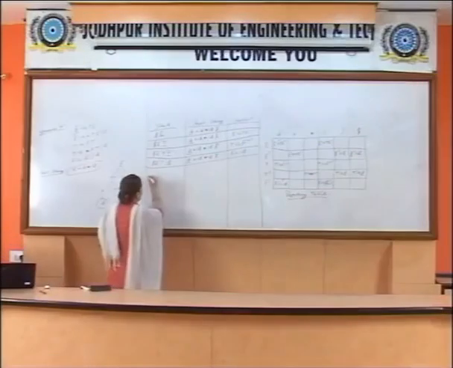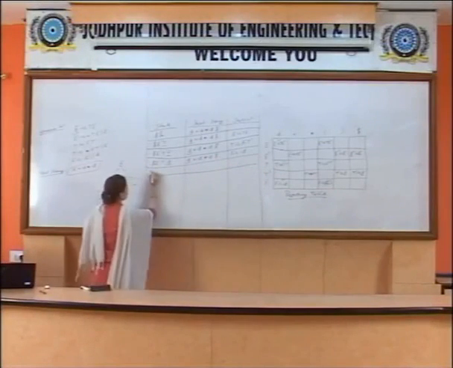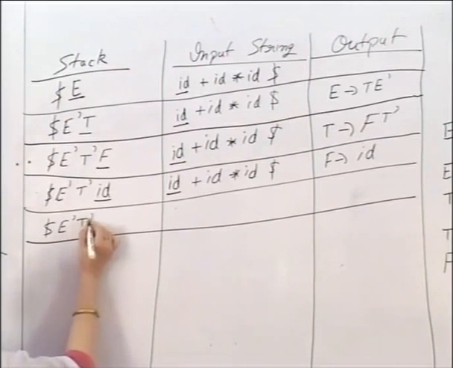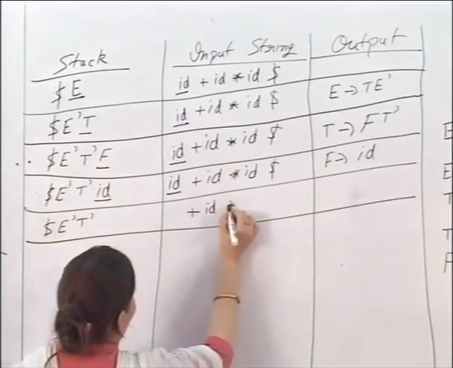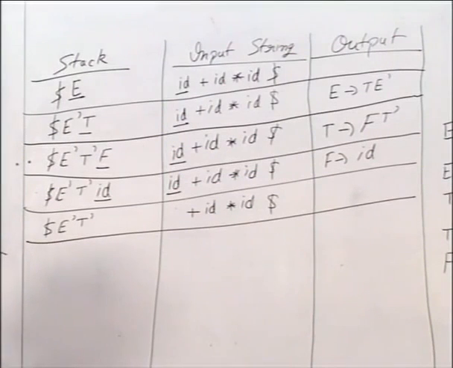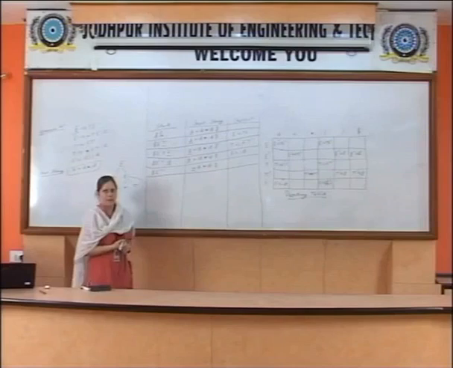So we will now have dollar E dash T dash and plus ID into ID and end mark. Now my input pointer has been forwarded. So now my input pointer is pointing towards plus.